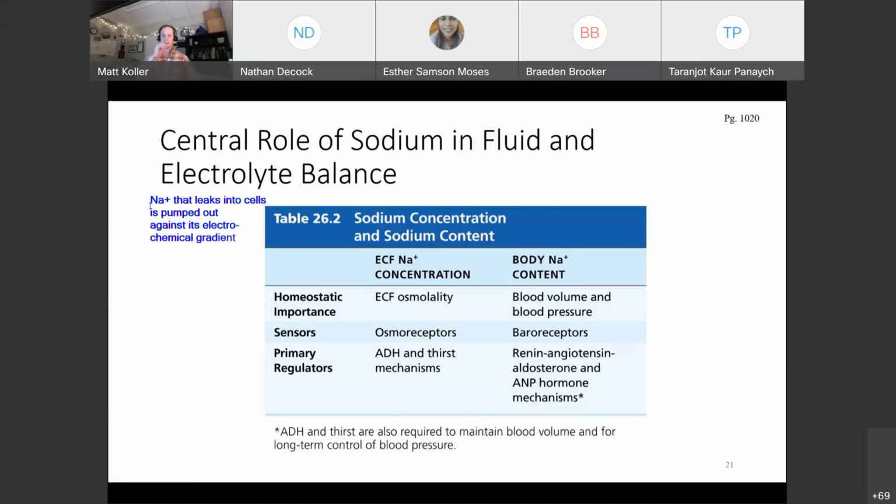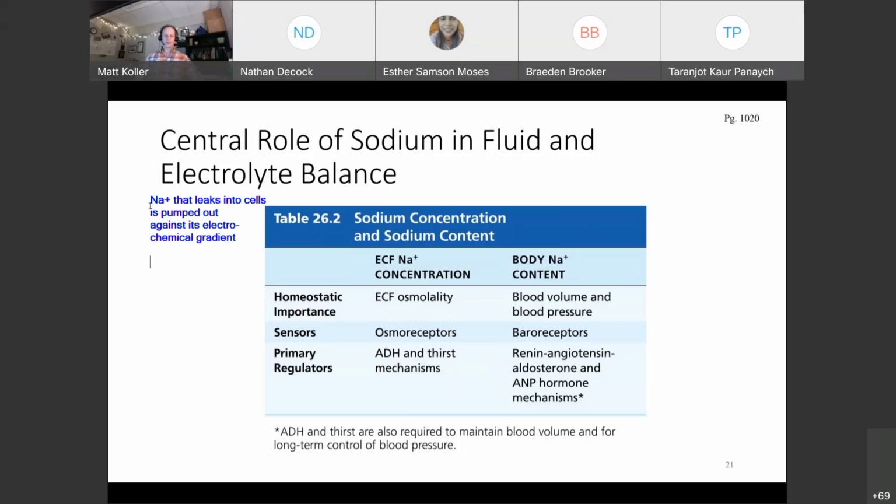Okay, so even though there's most sodium outside the cell and it leaks into the cell, it's going to get pumped back out. And it moves back and forth between the extracellular fluid and body secretions. Okay, so sodium will go from extracellular fluid to body secretions and back to extracellular fluid.